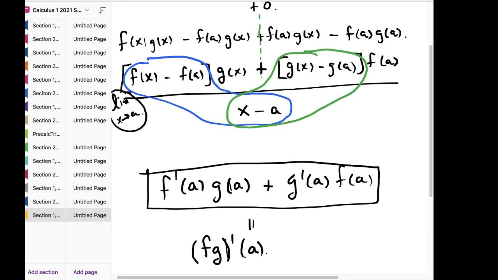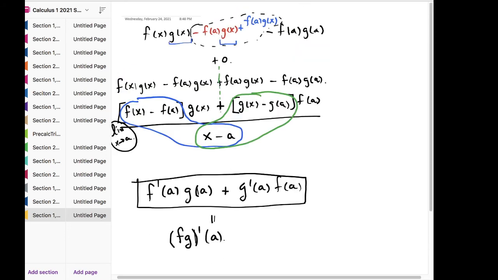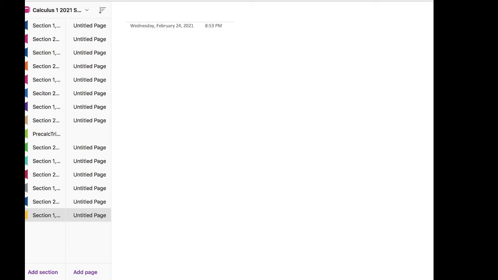So now that we have proved it, now we can use it in our problems. But we can't do anything before we prove it. This is called the product rule for derivatives.